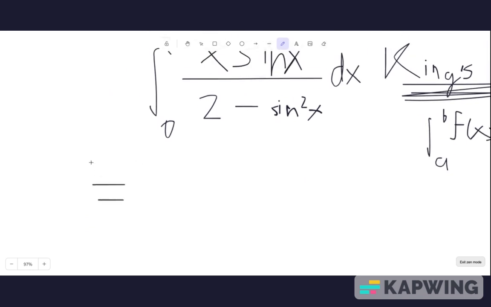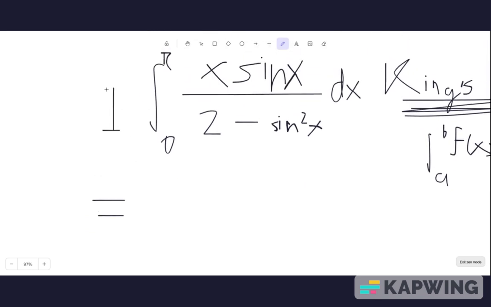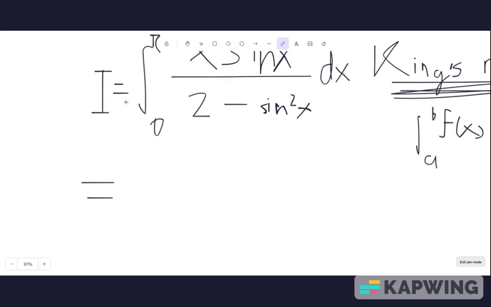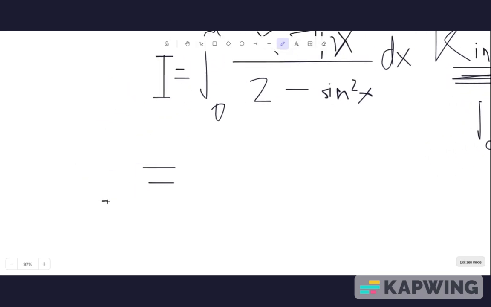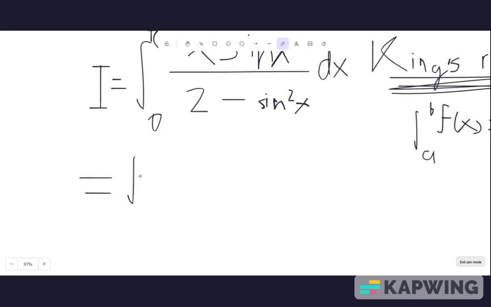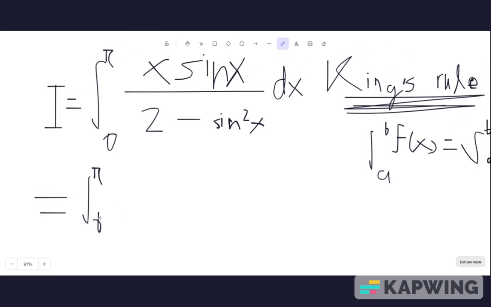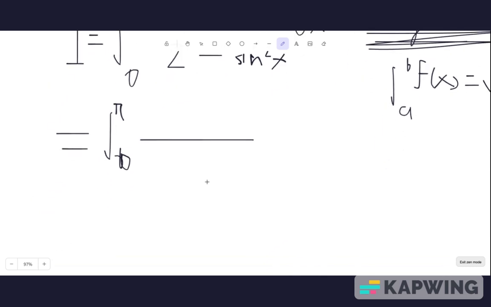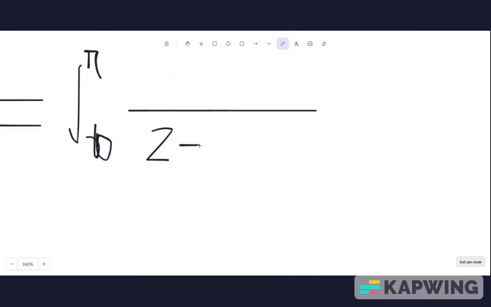So if we let this equal I, then I is also equal to the integral from 0 to pi of, okay, 2 minus sine squared of x is going to stay the same, because sine of pi minus x is still sine of x.